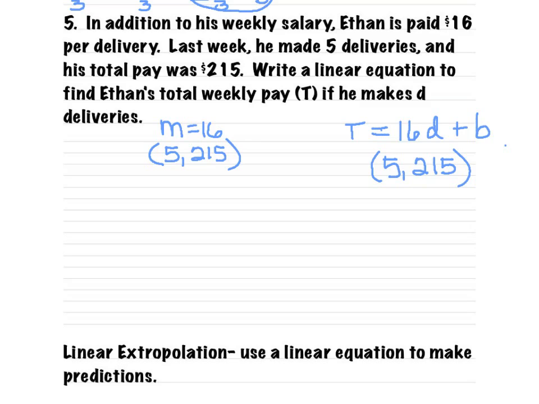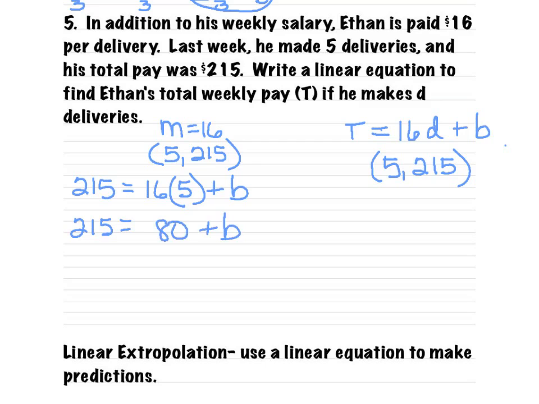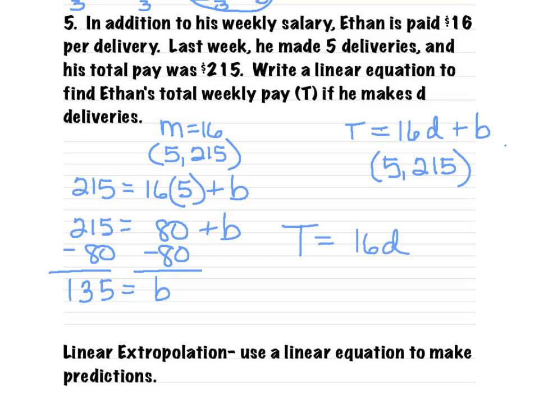Here we go. 215 equals 16 times 5 plus what number? 215 equals 16 times 5 is 80 plus B. Let's subtract 80 from both sides. 215 minus 80 is 135 equals B. So now we can substitute for B. So his total pay equals 16 times the number of deliveries plus 135.